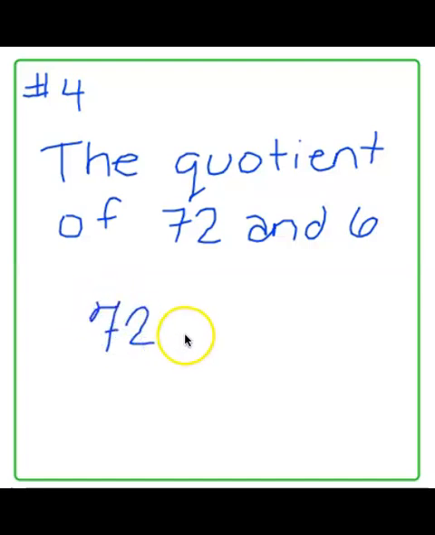That's not always the case, but since we're just starting out, right now you can be pretty sure that you need to put the larger number first. So the quotient of 72 and 6. 6 times 12 is 72. So the answer would be 12.